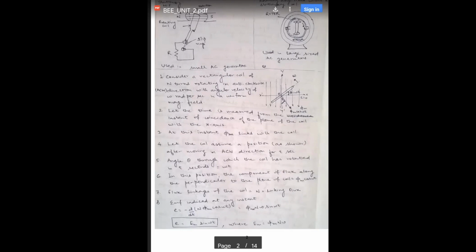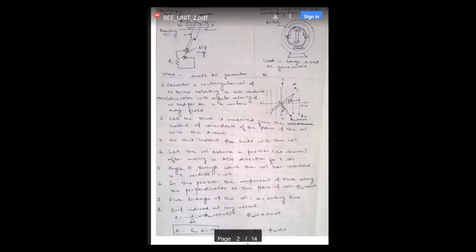It will be omega t. Angular velocity is omega, so the angle associated will be omega t. In this position, the component of the flux along the perpendicular to the plane of the coil will be phi m cos omega t.